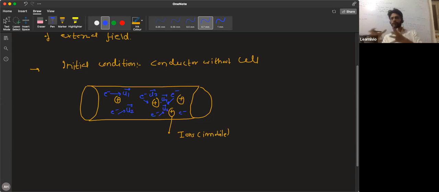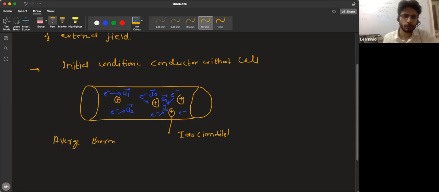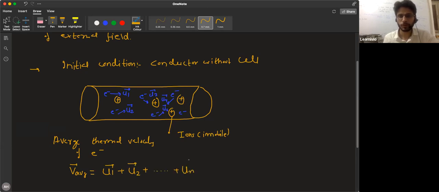If I calculate the average thermal velocity of electrons, then that average thermal velocity V average is the sum of u1, u2, up to uN, divided by N. That average thermal velocity will be 0. That's my first equation.